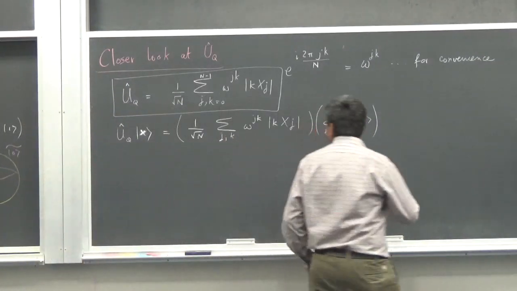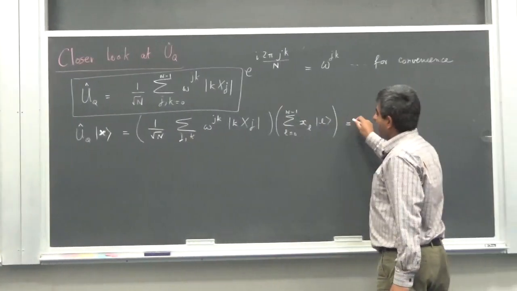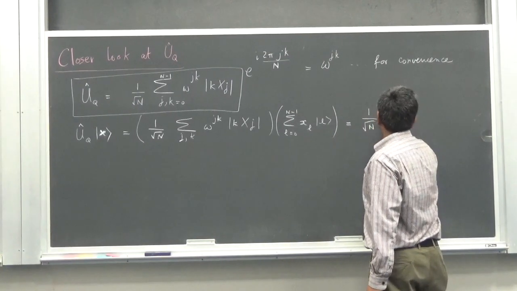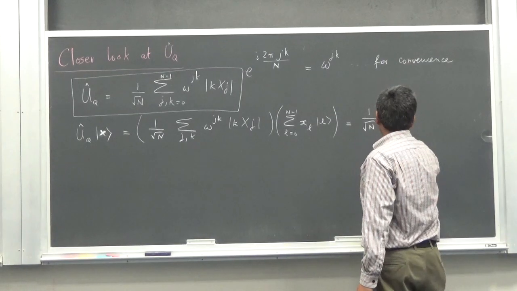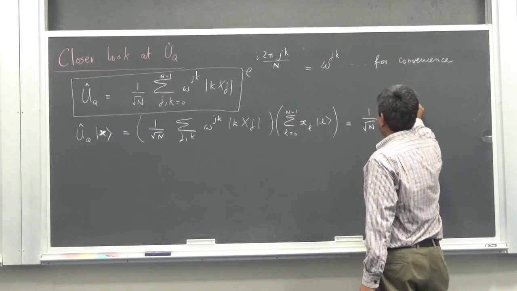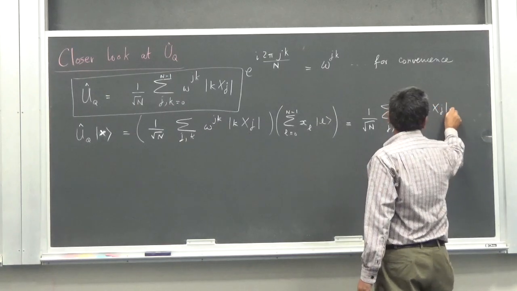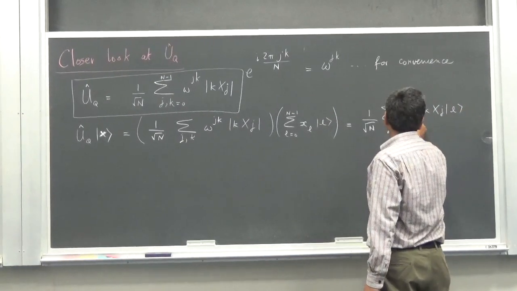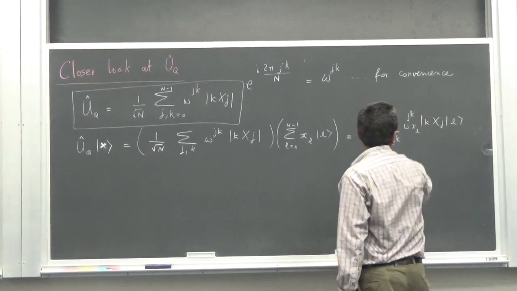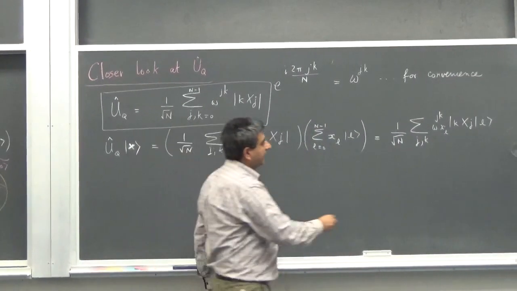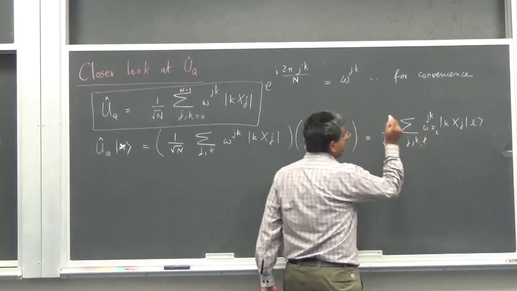So now I have 1 over root n, sum over jk of omega jk ket k bra j ket L, and of course an xL here as well. And I need to sum over L as well.